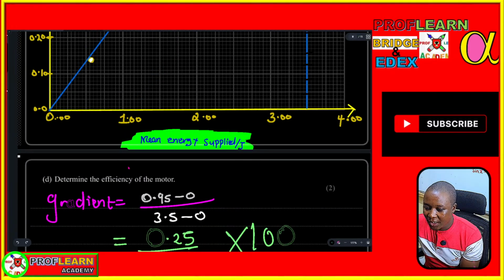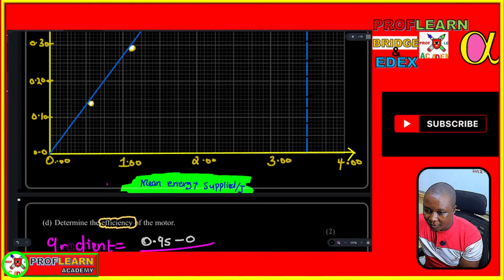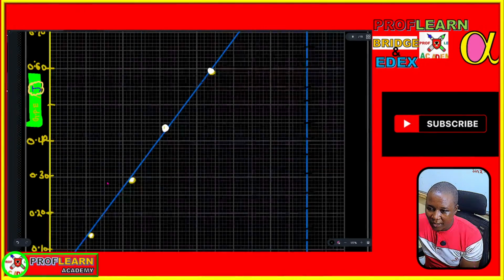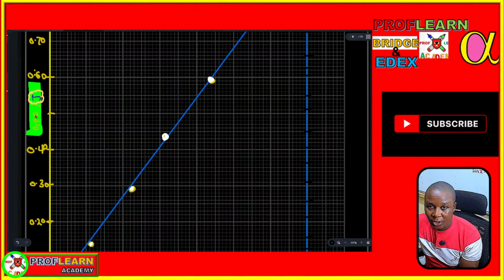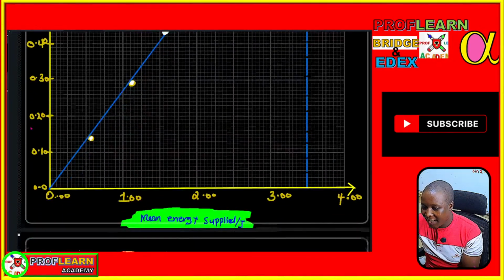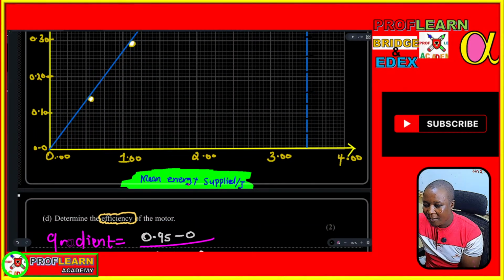Determine the efficiency. In this case, the student was asked to determine the efficiency. Remember, we have just worked out gravitational potential energy. That is the useful form of energy, and the energy supplied is the mean energy.